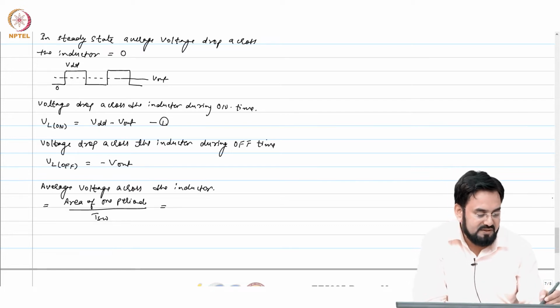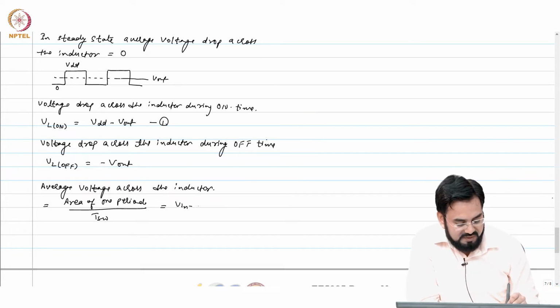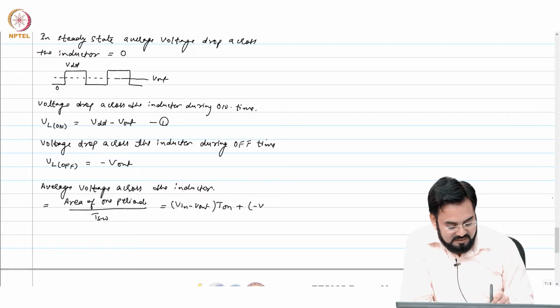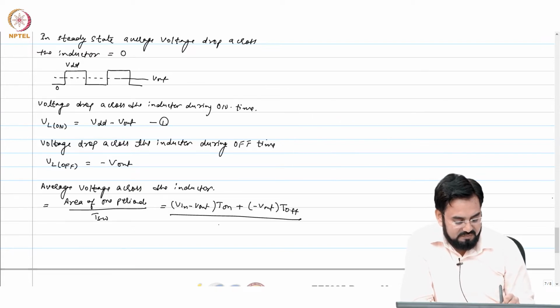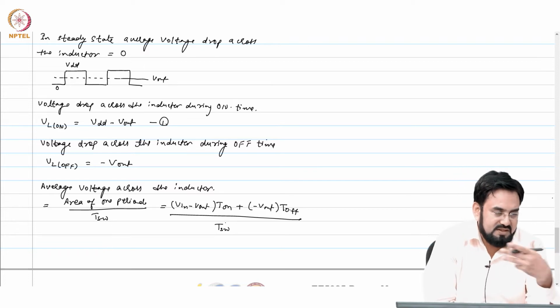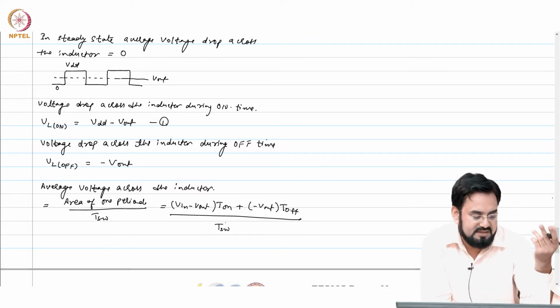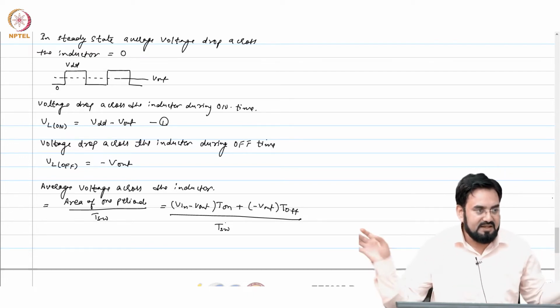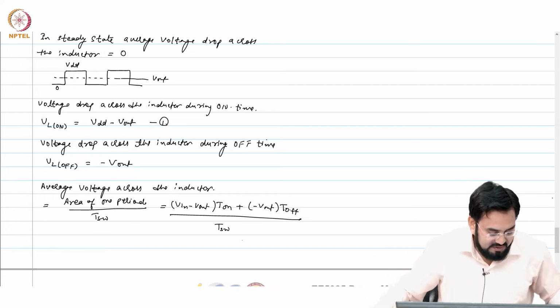If you think this voltage across the inductor, you know this V in minus V out, and this is happening for T on time, plus during T off minus V out times T off, divided by your period. Alternatively, you can integrate, but you will get the same thing. Just integrate the square wave. If the area is straightforward, like a case of rectangle or triangle, you do not integrate, you just directly find the area and divide by time period and you get the average value.